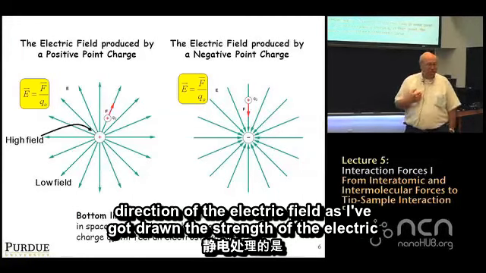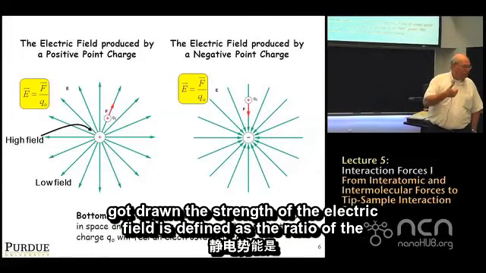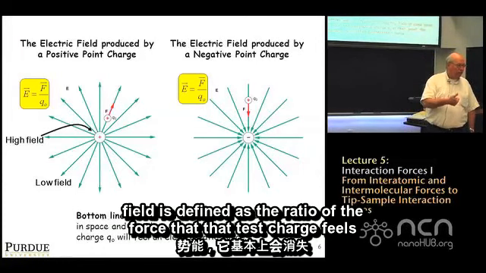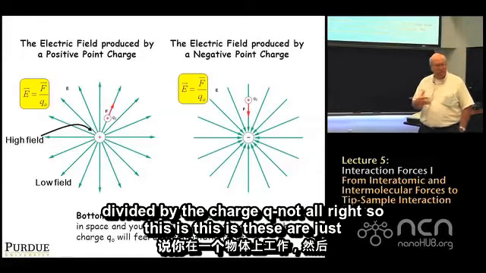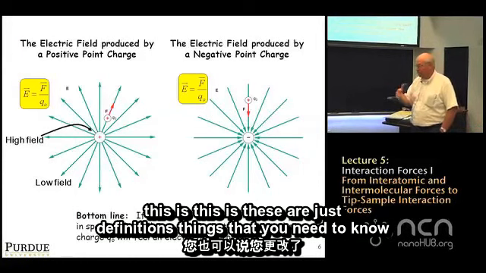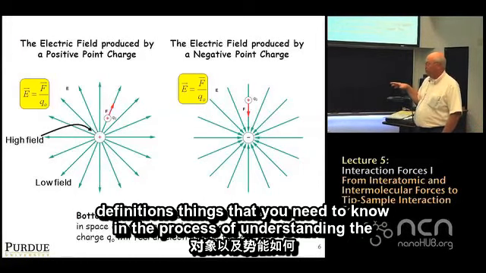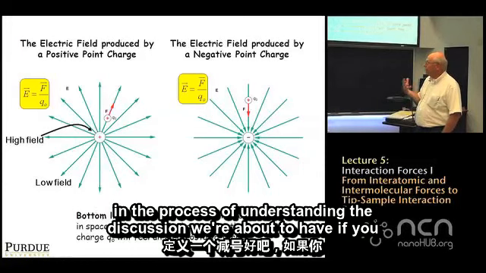The strength of the electric field is defined as the ratio of the force that the test charge feels divided by the charge Q naught. These are just definitions you need to know for the discussion we're about to have.